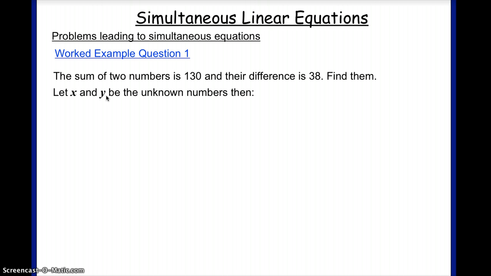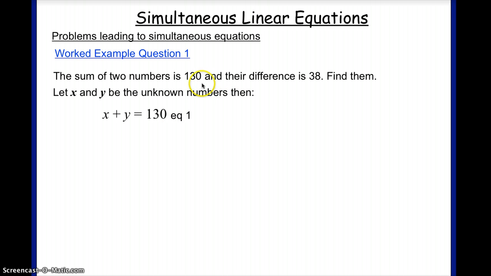So after assigning two variables, you can now write the first statement. The sum of two numbers is 130, representing x and y, and you have an addition symbol because of the word sum, equals 130, and that's your first equation.